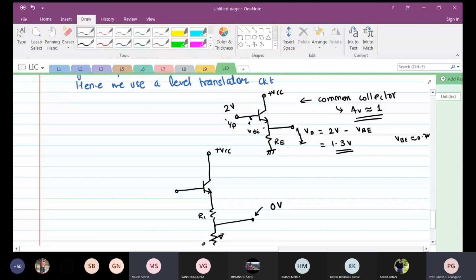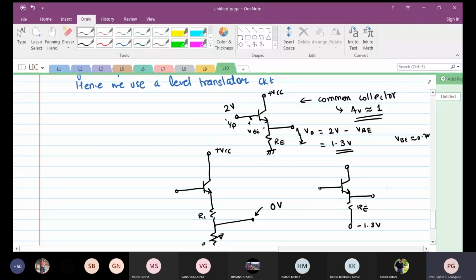Okay. Now this was the ground, but if I make a slight adjustment such that this is, let us say, minus 1.3 volts, this is RE.